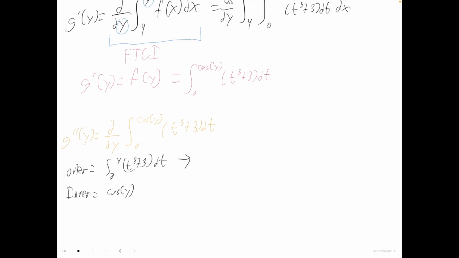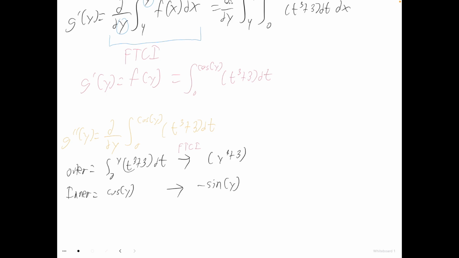The derivative of the outer function using the Fundamental Theorem of Calculus, Part 1, is just going to be y cubed plus 3. And the derivative of cosine is negative sine.